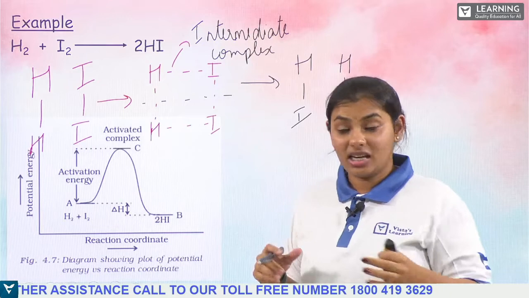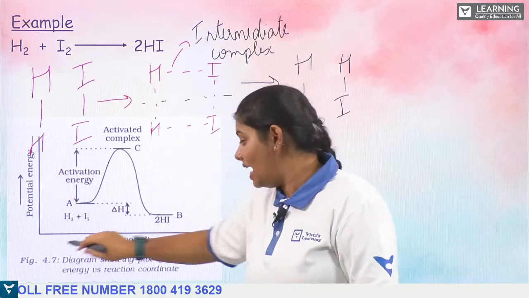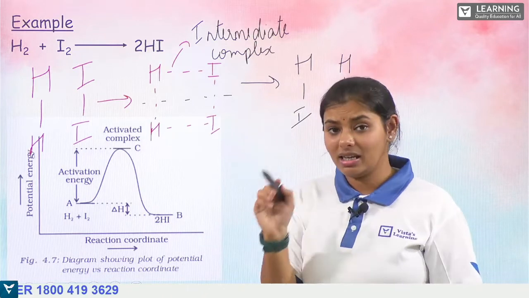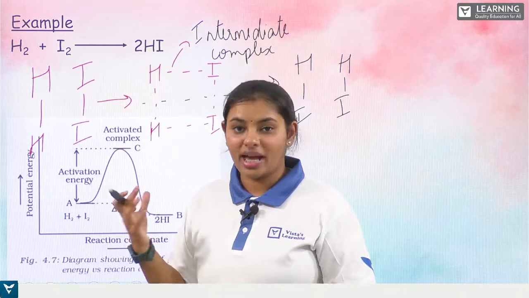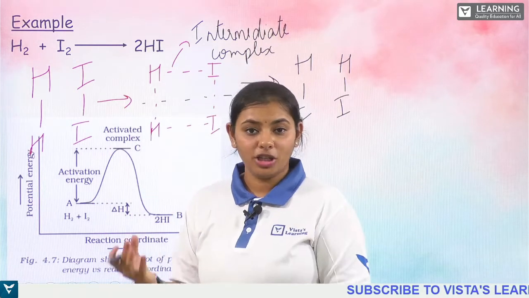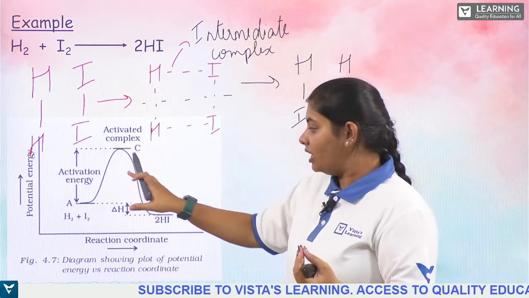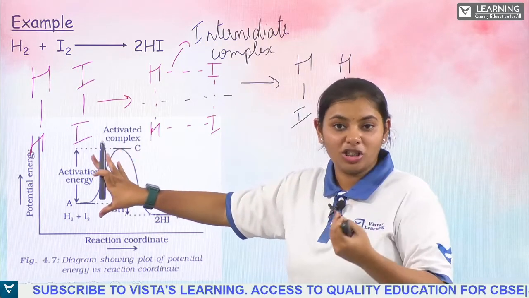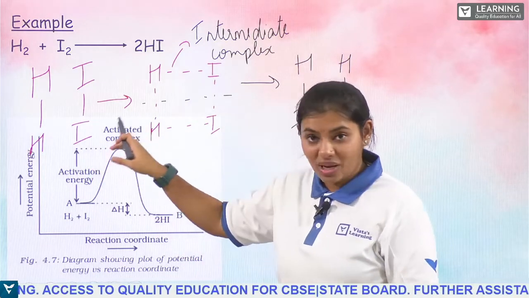So when we are seeing it in terms of a graph, here you can see potential energy is on the y-axis and the x-axis has the reaction coordinate. This will be the reactant side, H2 and I2 reacting together. We are going to provide a certain amount of energy to reach what is called the activation energy. Till it crosses the activation energy barrier, the threshold energy is passed and the activated complex is formed here.